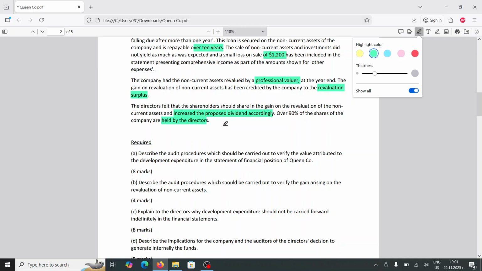So this means that the directors do have motivation to overstate the financial position of a company.